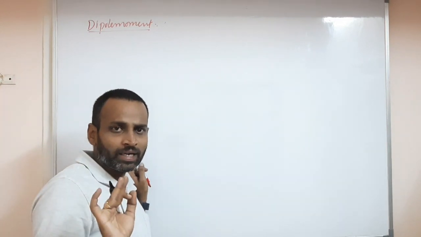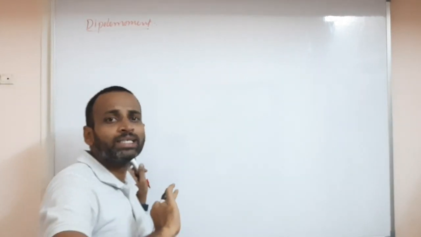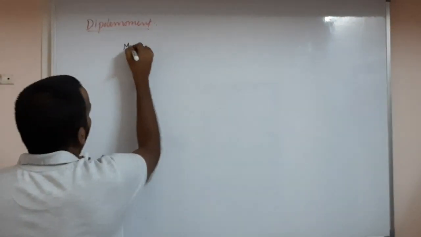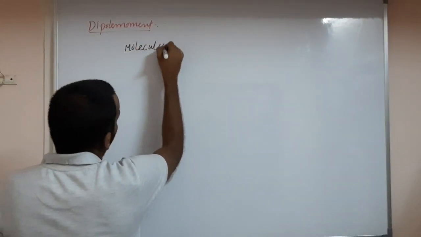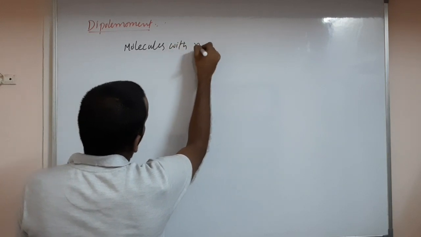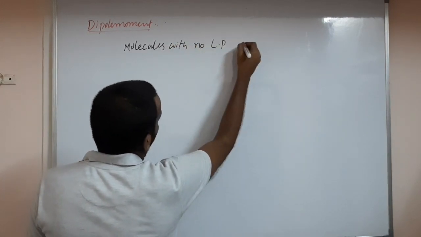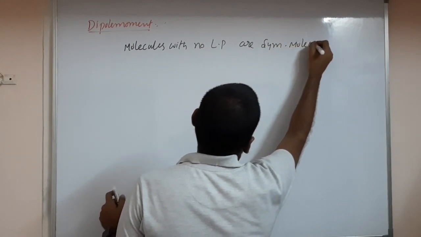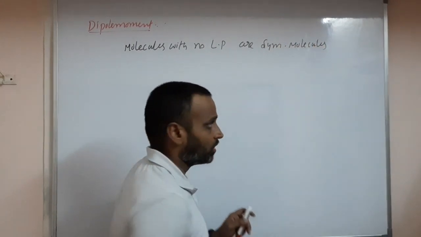In a symmetrical molecule, dipole moment is 0. This you have to remember. Molecules with no lone pairs are symmetrical molecules.